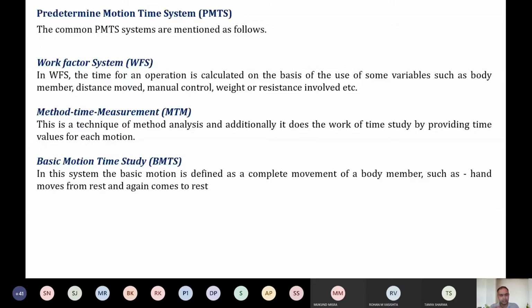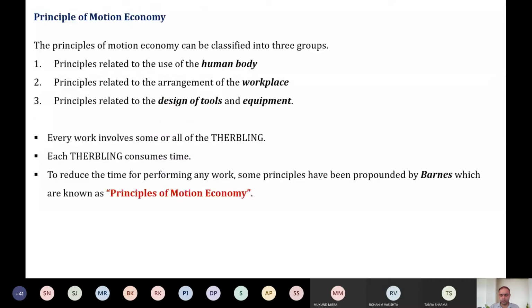For the tremblings, we keep the score, and that score will be used for calculating the job done by the employee. Like that we will be able to calculate the operation time and the standard time for this job. So far we have discussed motion study and the two types of motion study.